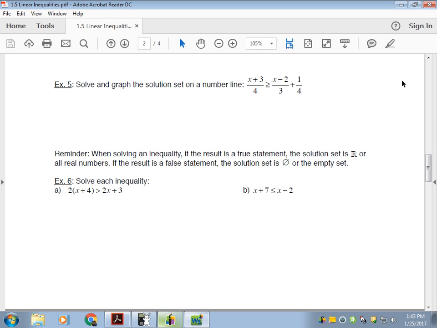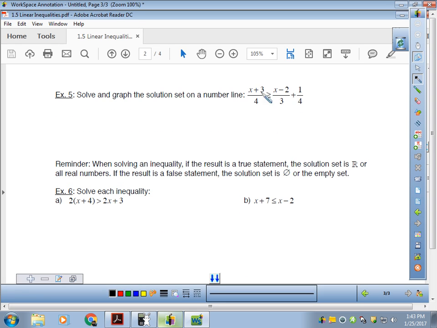Example 5 asks us to solve and graph the solution set of (x plus 3) over 4 greater than or equal to (x minus 2) over 3 plus 1 over 4. Now because this involves fractions, I am going to take this whole thing and multiply everything by 12.